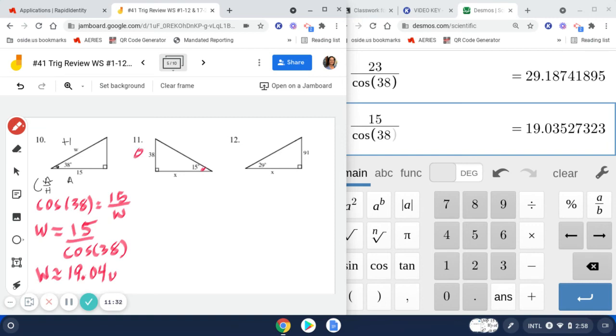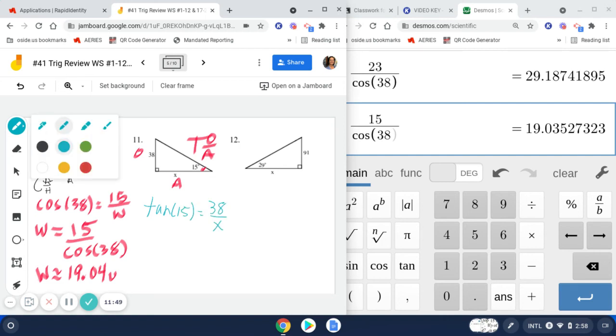Okay, this one, reference angle of 15. We have an opposite and we have an adjacent. What uses the O and the A? It's our TOA. So tangent of 15 is equal to opposite over adjacent. Oh, it's one of those. Multiply by the x and then divide by the tan.